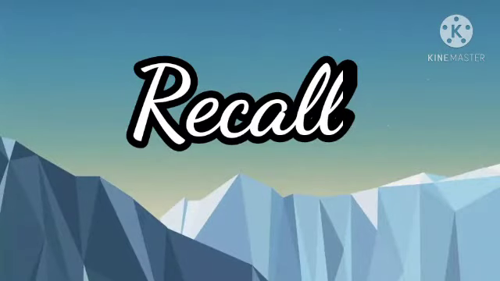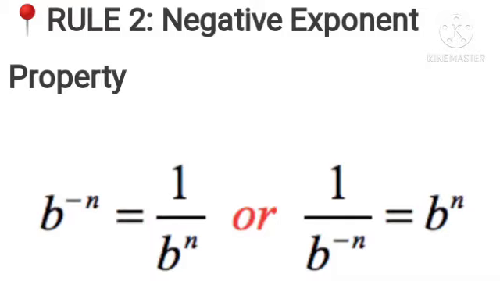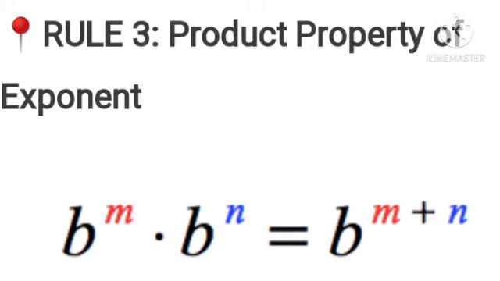Students, now let's recall laws of exponents. Any non-zero number raised to 0 power is equal to 1. Negative exponent property. B to the power of minus n is equal to 1 by b power n, or 1 by b power minus n is equal to b power n. Product property of exponent.